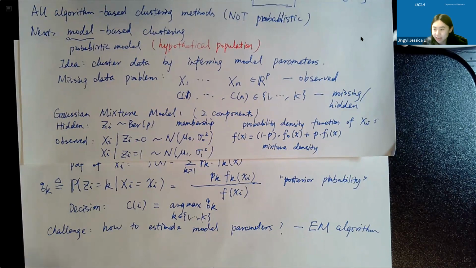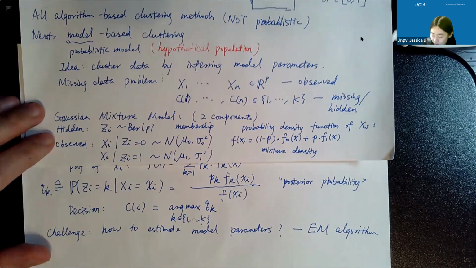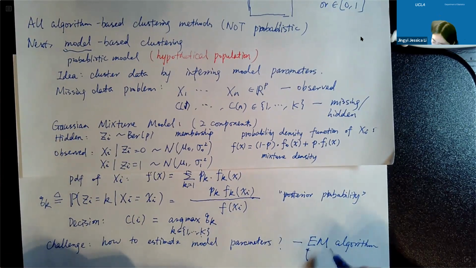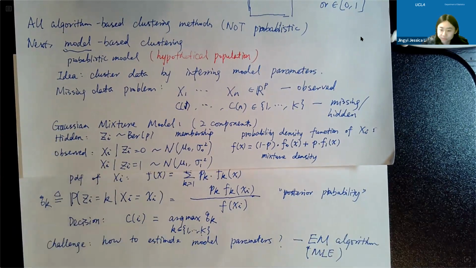If you understand that, then you should be able to generalize it or apply it to the Gaussian mixture model. Okay, so do we have questions? Oh, and finally, I want to say that the essence of the EM algorithm is to do MLE, maximum likelihood estimation. MLE is, I would say, a dominant approach for parameter estimation nowadays. So if we can do MLE, usually we just use MLE.